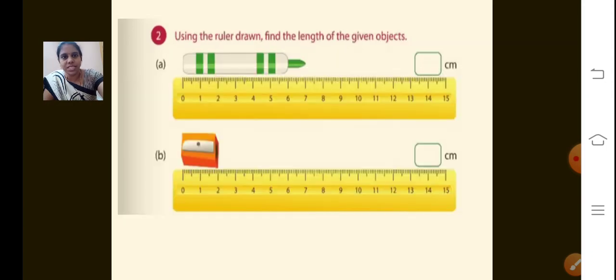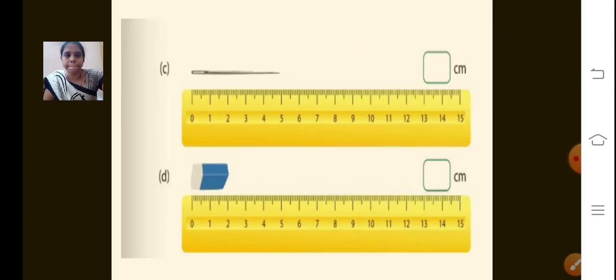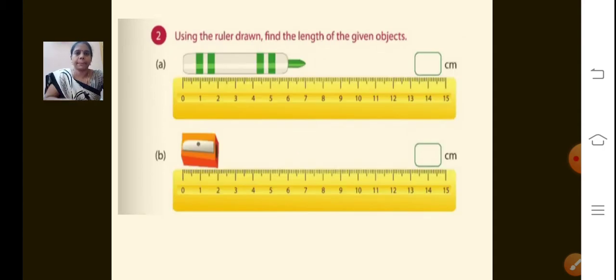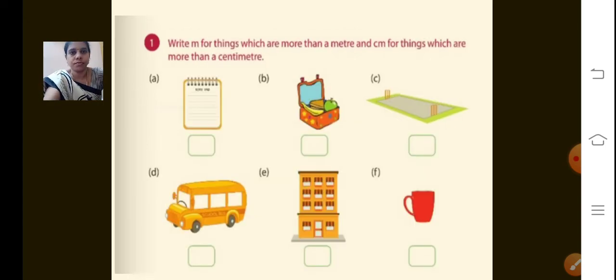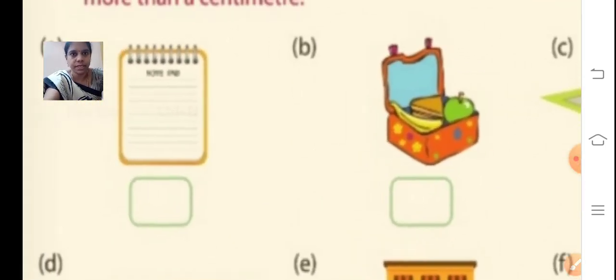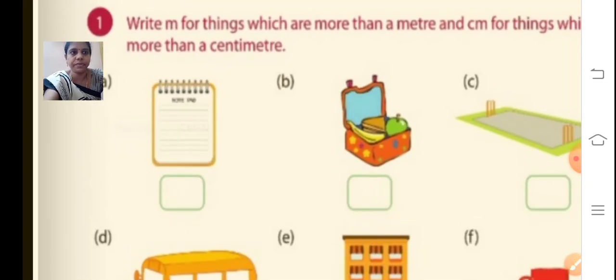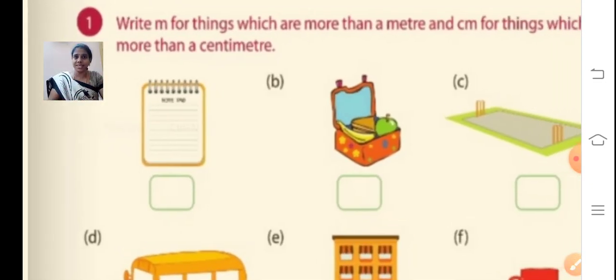Just see, what is the first one? The first one is a notepad, right? Whether it is very big or small, it will be like this only.